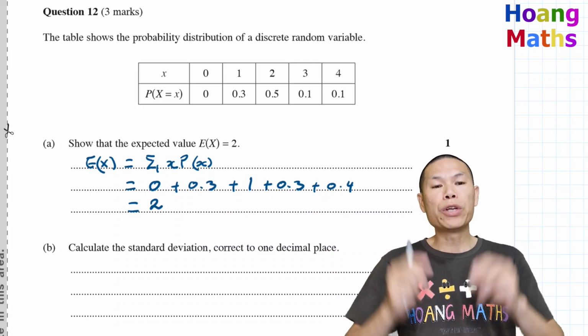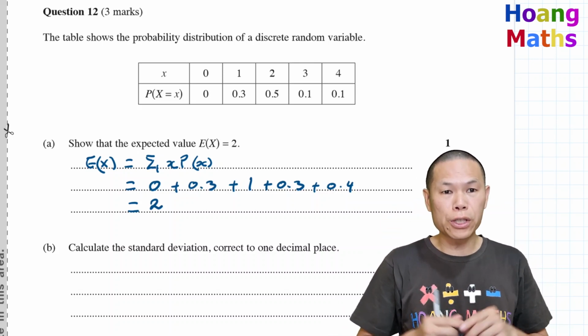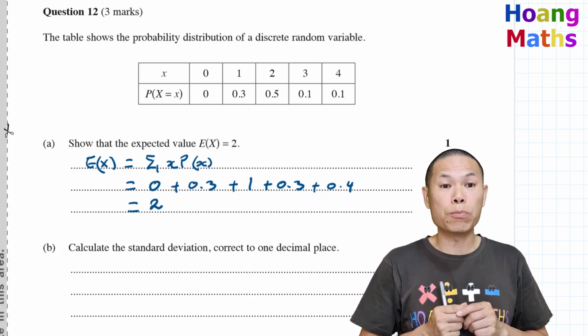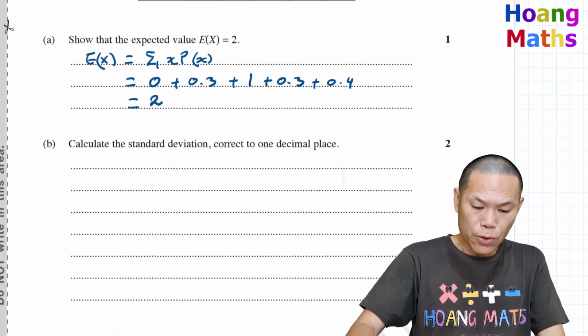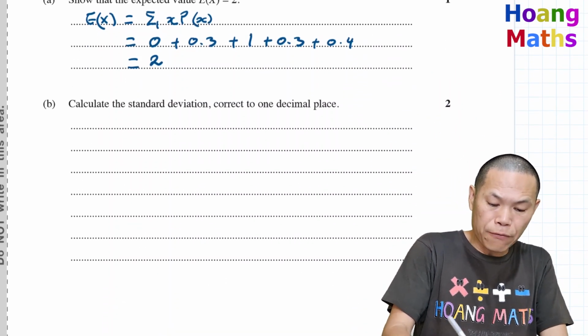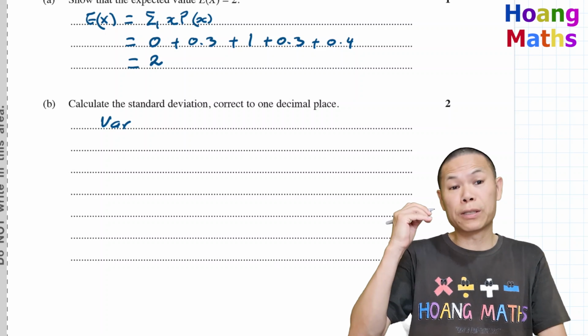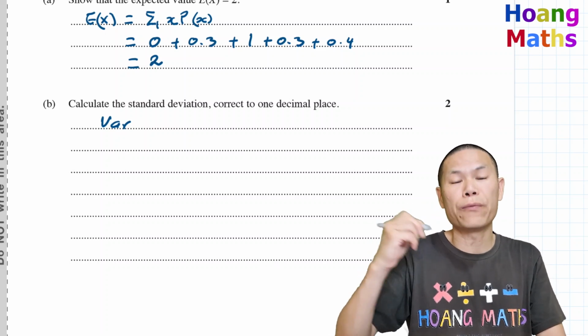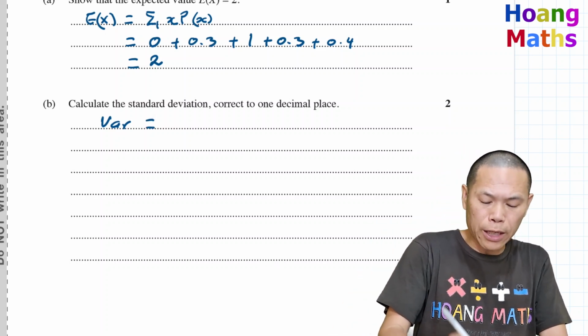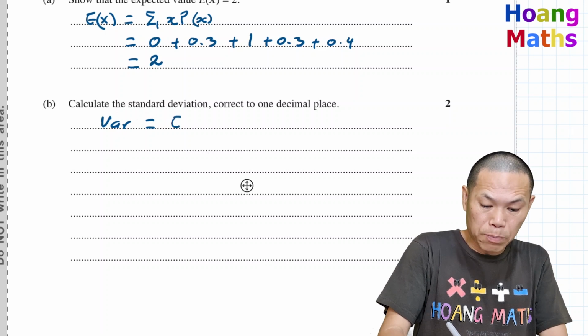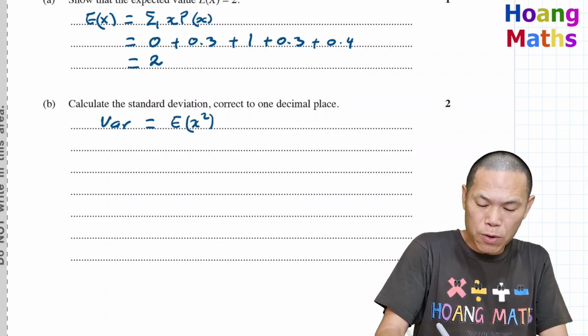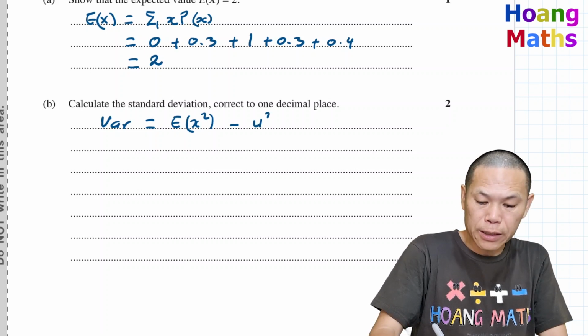Part B. So we need to find the standard deviation for this probability distribution. So first of all, we know that for the variance, because standard deviation is the square root of the variance, the formula given is the expected value of x squared, minus the mean squared.